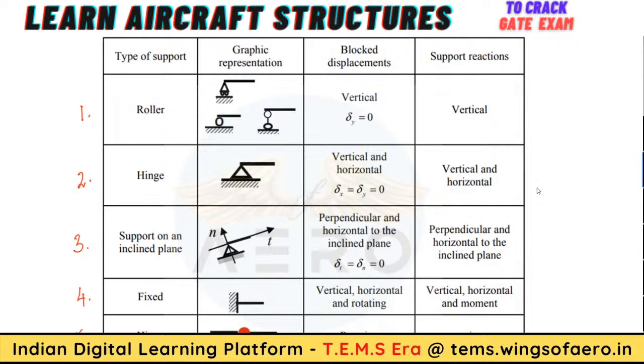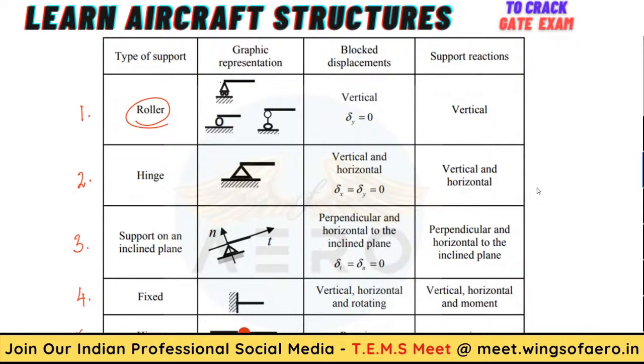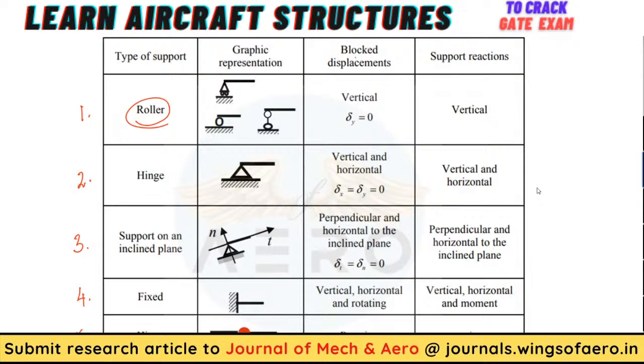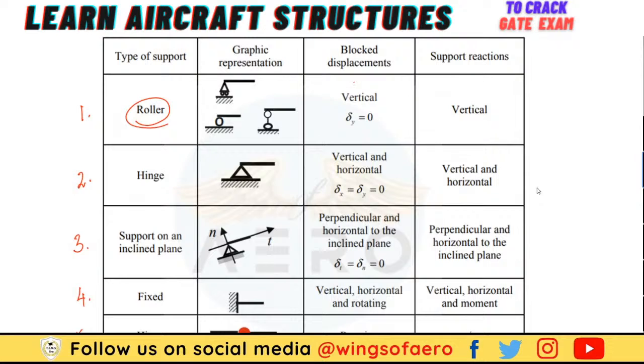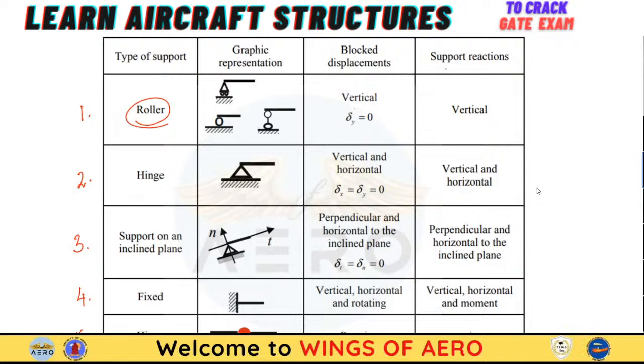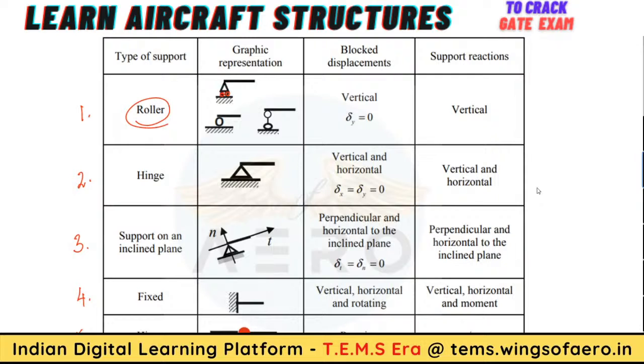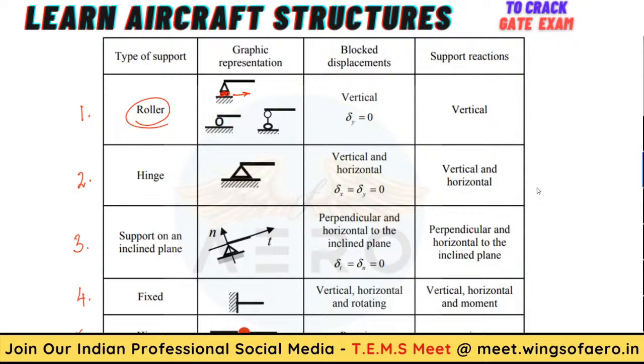Now, first is the roller. In this roller, you can see the different kinds of schematic diagrams. Now you should know what kind of displacement there should be. Before coming to displacement, you should know what the support reaction is. Whenever you have a roller, that means some kind of two circular elements, this can move along the horizontal direction.